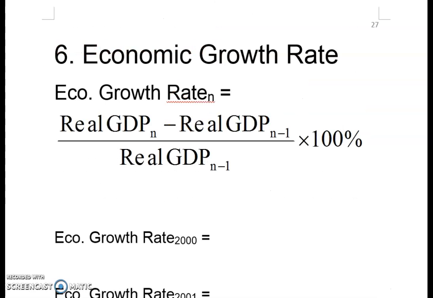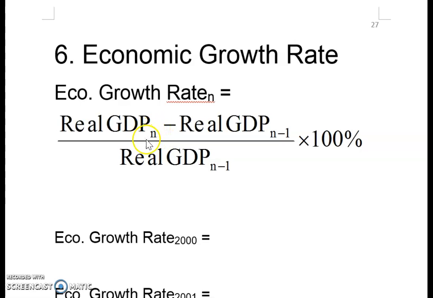Because of that, when we calculate the economic growth rate, we use real GDP. Nominal GDP includes the fluctuation of prices, which may not be able to reflect people's well-being. So that's why we use real GDP.